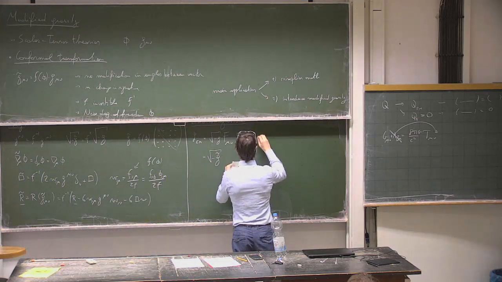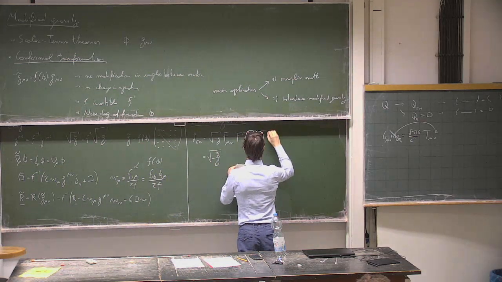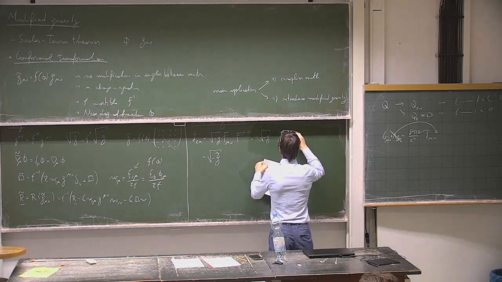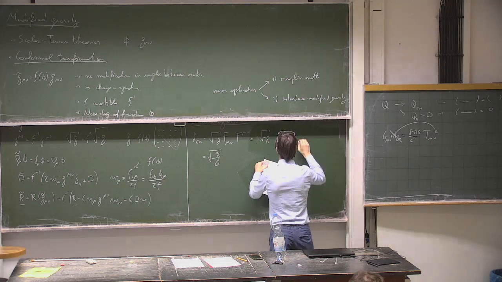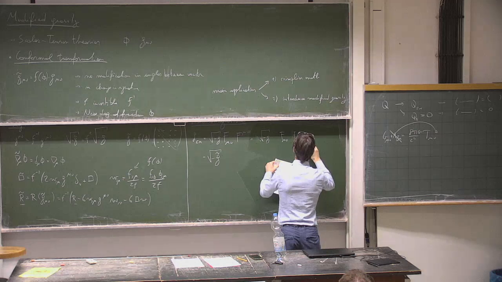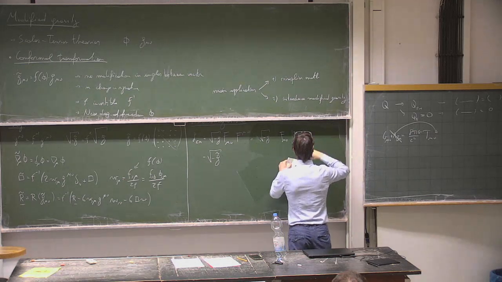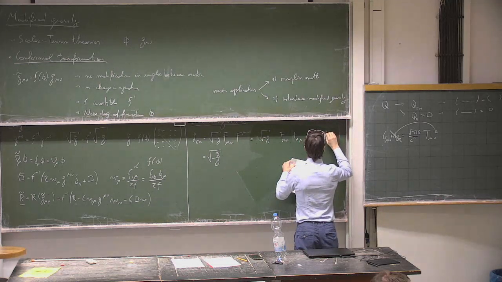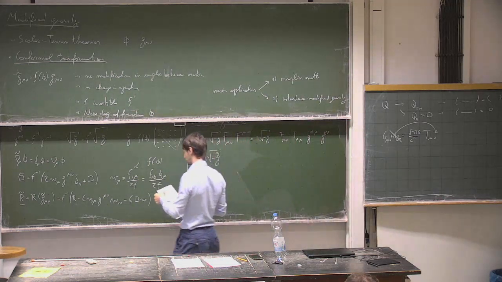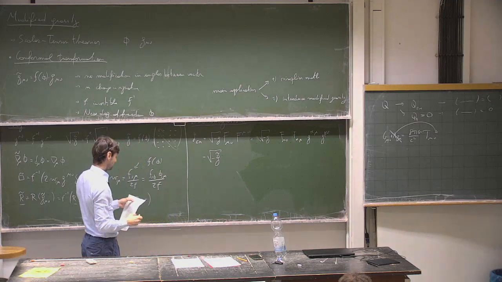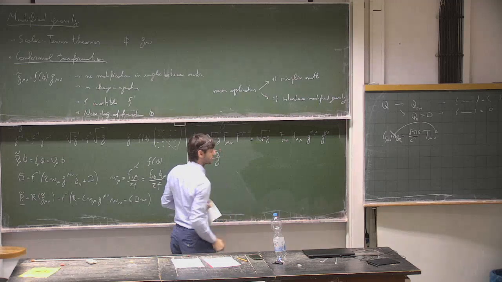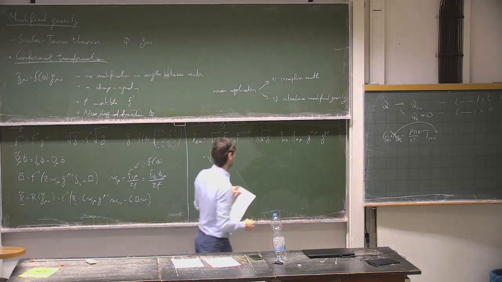So that's equal to, let's make space immediately, minus square root of minus g. And then what do we have? We have F mu nu, F alpha beta, and then we have g alpha mu and g beta nu. Okay? I just introduce the metric explicitly there. Then I do the trick.